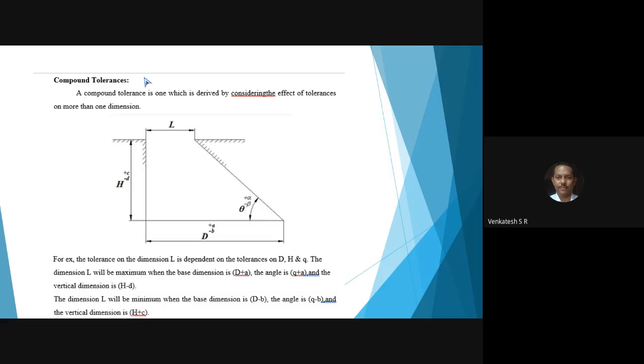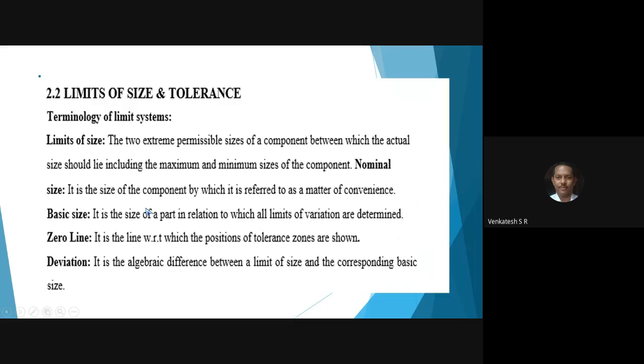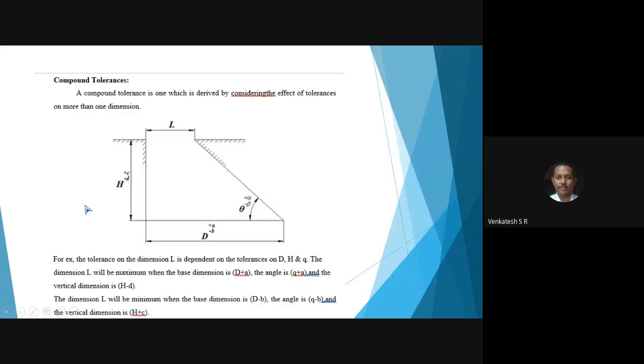See, all of you observe here. Here you have three dimensions. One is a height h, length d, and the angle theta. Suppose you need to measure this type of component in the machine shop.